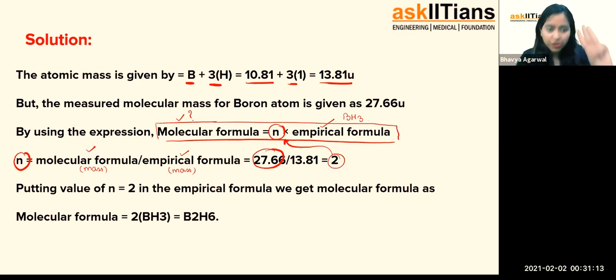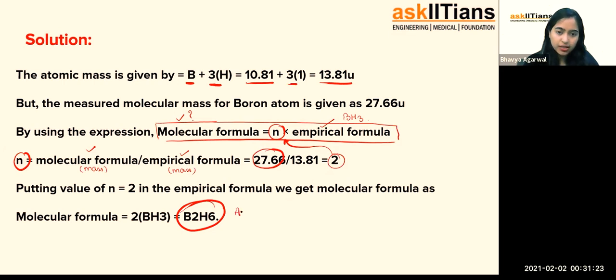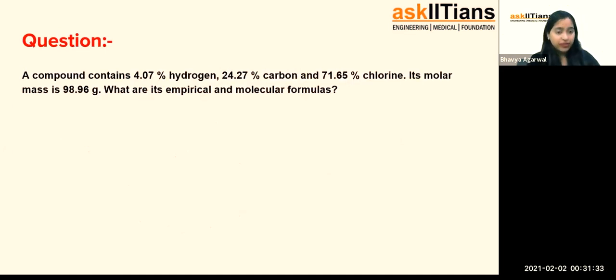Previously the number of hydrogens was 3, so it will be twice again, so 6. So the molecular formula turns out to be B2H6. That is my answer. I hope it's clear, right? Yes, then let's move to another question.